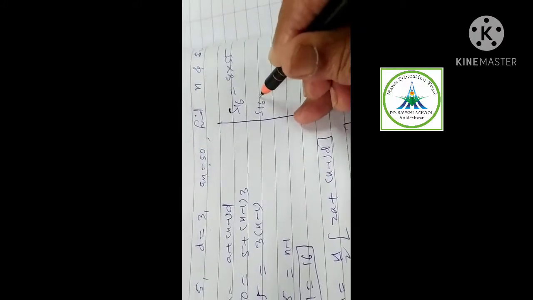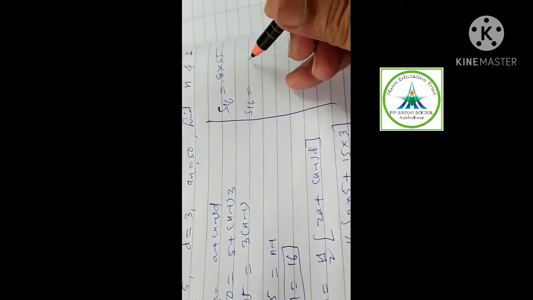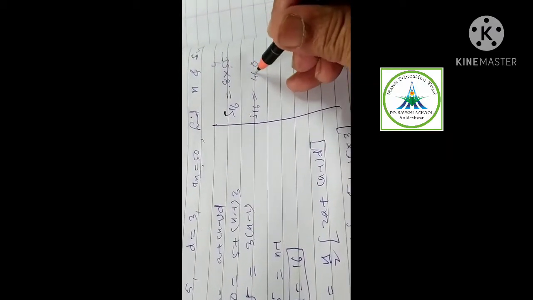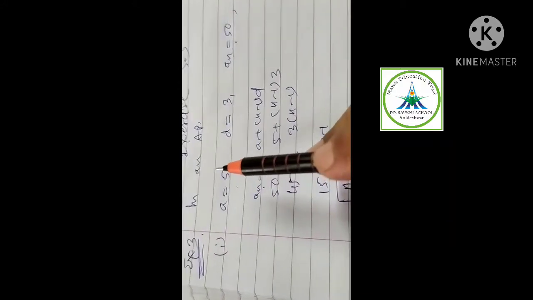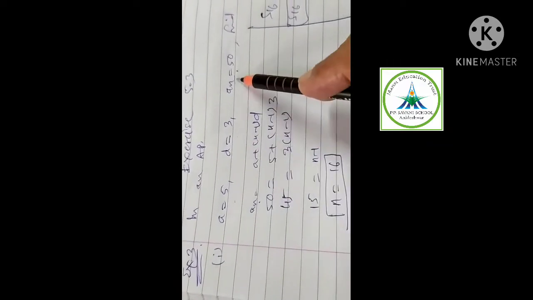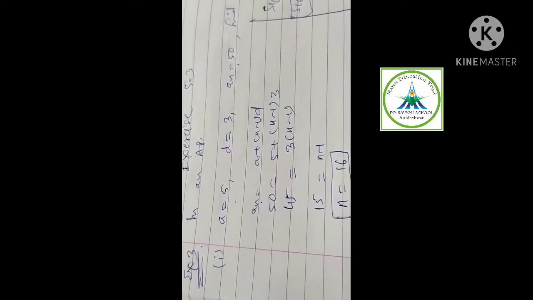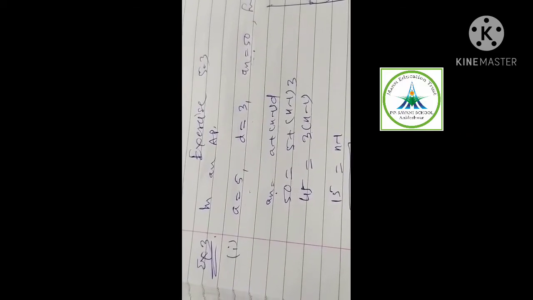So S16 equal to 55 multiplied by 8. 8 fives are 40, plus 4, 44. This is your answer. Okay. From this it's very clear to understand. Students, remember, if a, d, an is given, we can find n. If we find n, then we can find any term. We can make the AP. Got it?